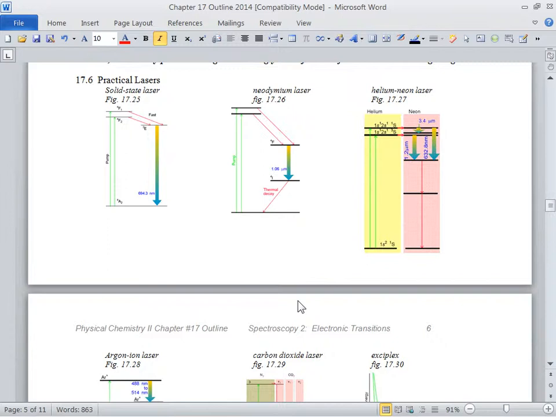Is there a little gas in this laser pointer? What's in here? It's a diode, which is a solid. So this would be a solid state laser, right?